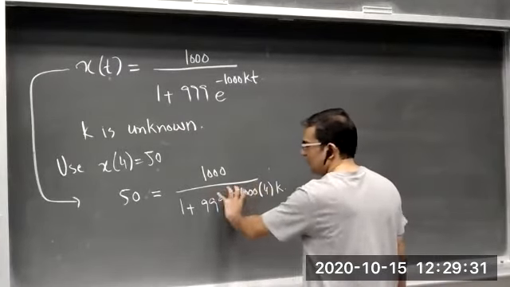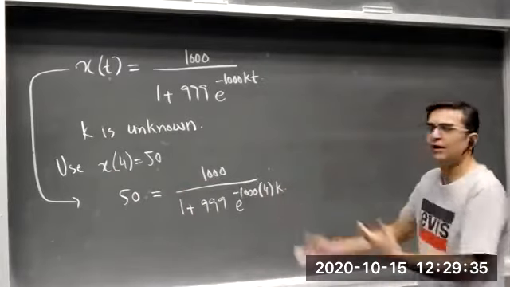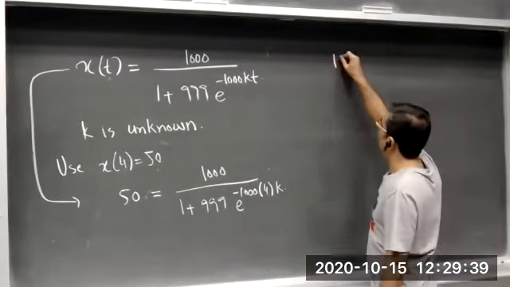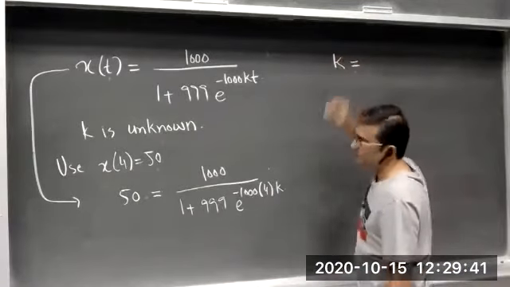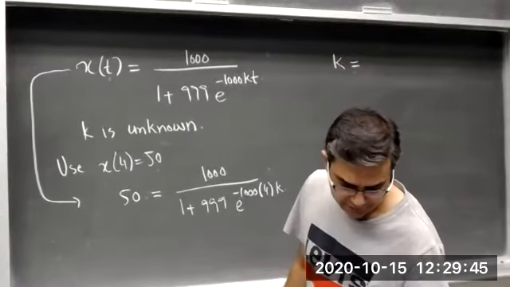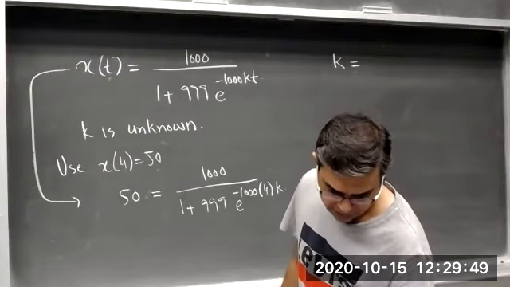We take this term to this side and divide by 50 here, and after taking the log and doing some algebra, we can find the value of k, which is 0.99.